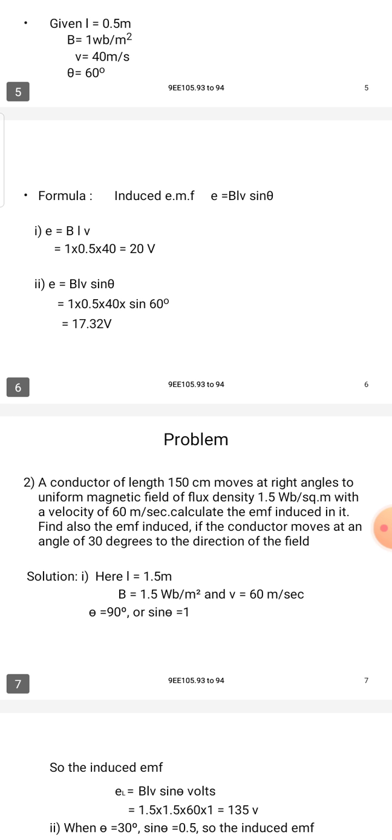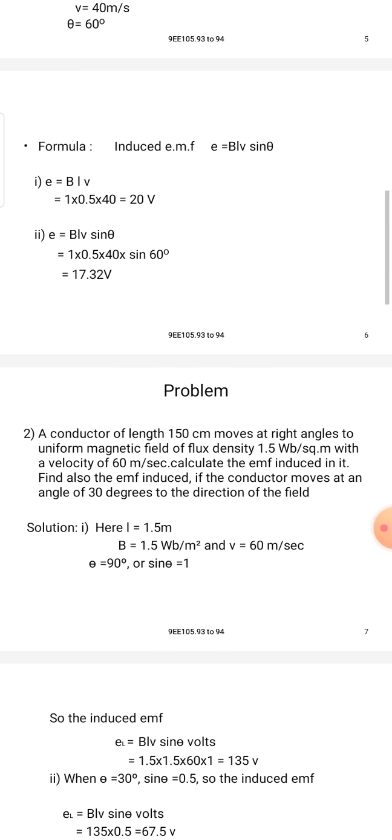And you find the induced EMF at the angle of 60 degrees. E is equal to B L V sin theta.